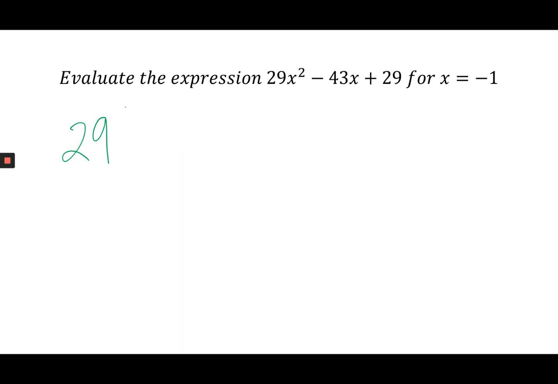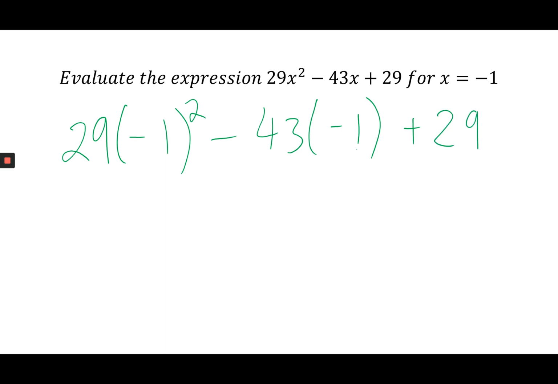Negative 43x squared plus 29. x is given, negative 1. Negative 43 times negative 1 squared plus 29. Let's fix this exponent first. Negative 1 times negative 1 is positive 1. I need to be careful, and I can ignore that part. And observe, negative times negative is going to be positive 43, and then positive 29.